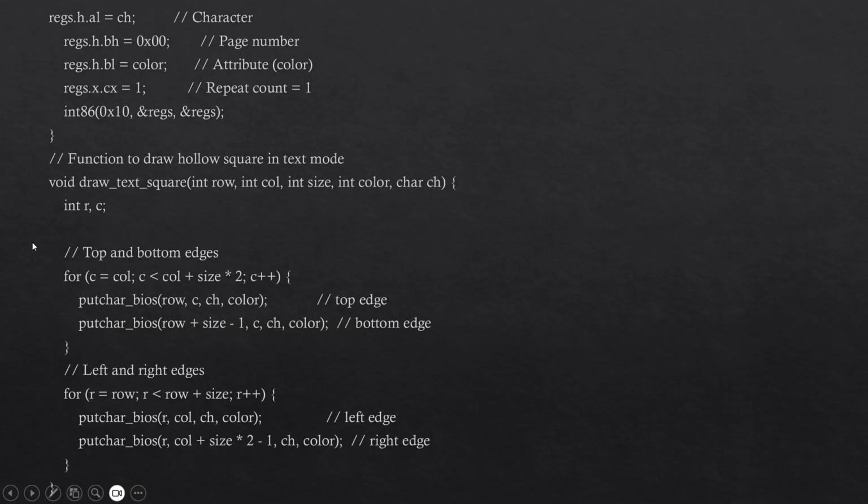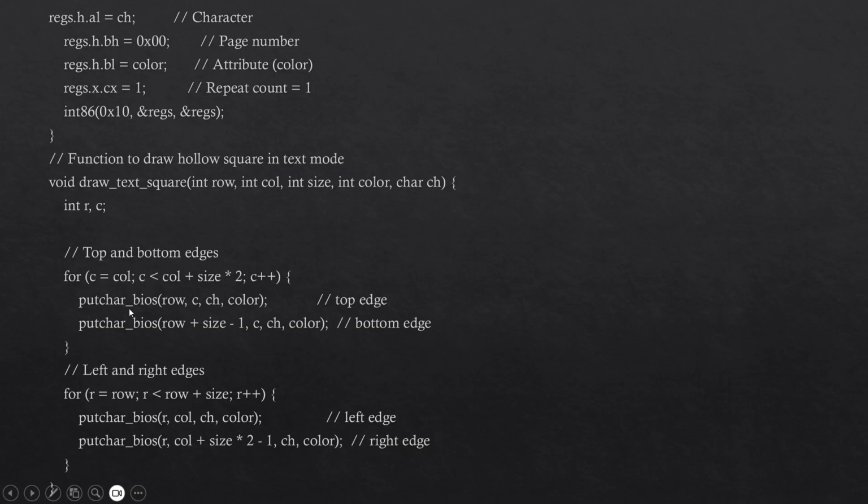So this first for loop will work. C will go from column, that is 10, to 18, where the condition will become false, so C will run from 10 to 17. For the first value of C, that is 10, this function will get executed, that is row 5, column 10. So the character gets printed at the 5th row and 10th column.